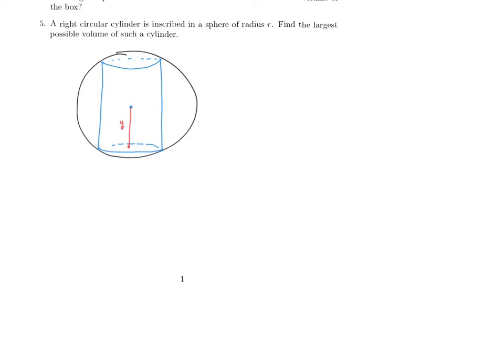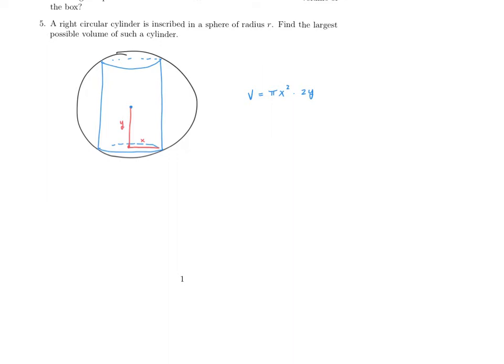And in order to write down a nice convenient formula for the volume of this cylinder, we need to indicate its radius, which I will simply call x. So the volume of this cylinder would be pi times that radius x squared multiplied by its height. And the height is going to be 2 times y.